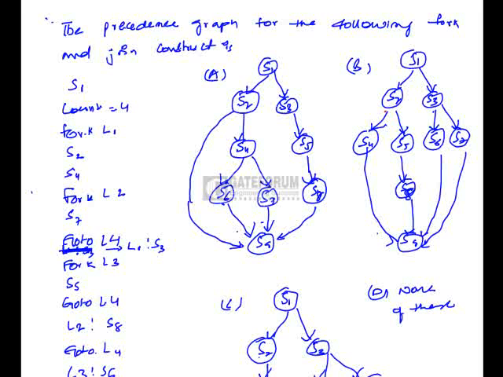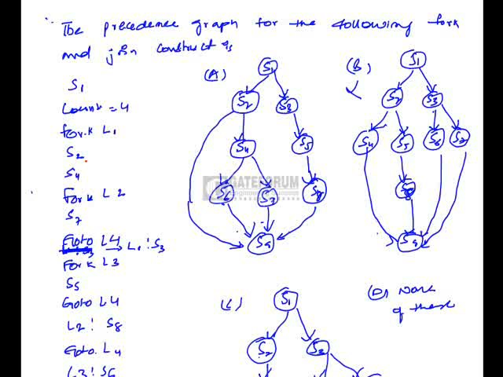But in option B, after S2, S4 and S5 start parallel execution. If you see this fork and join construct, that is not the case. So we can eliminate option B.